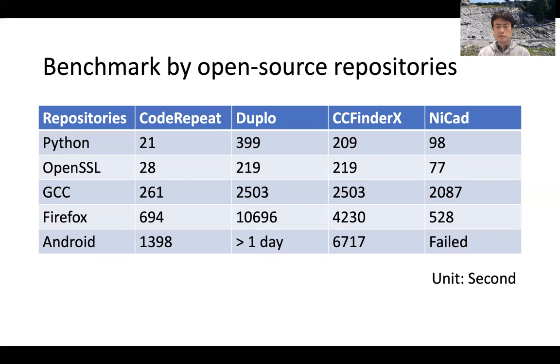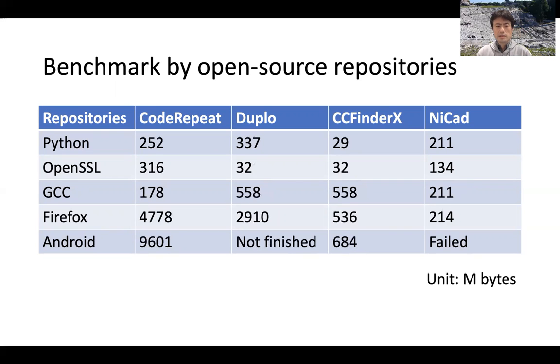Moreover, for Android, NiCad and Duplo cannot process it, while CodeRepeat can process the Android source code without any problem. This table shows the memory usage.